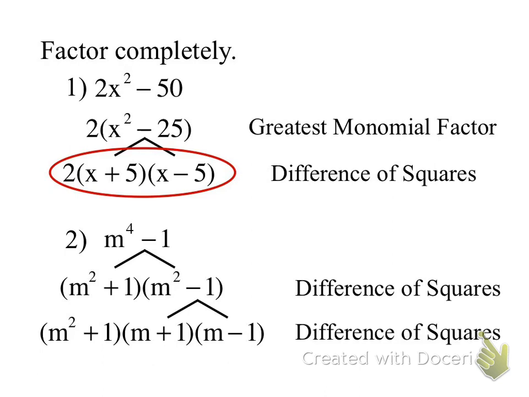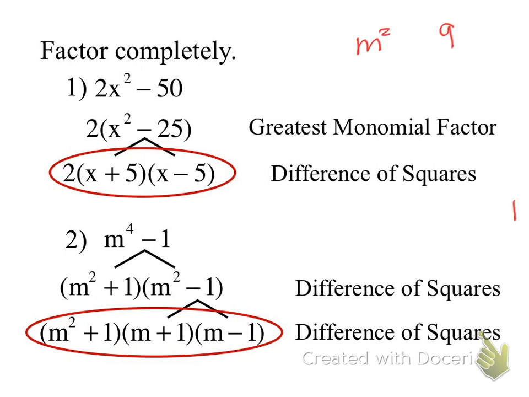I do want to talk about what happens when you're taking the root of m to the second, that's a perfect square. But let's say I have 9m. That's not a perfect square term. This is a perfect square, but m is not, so you can't take the root of that. If I have 9m squared, that's a perfect square.